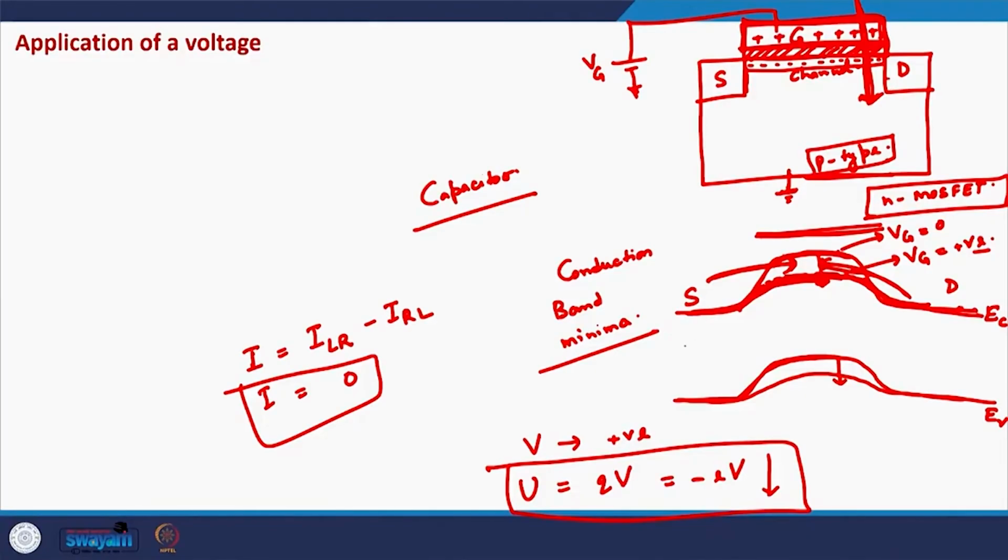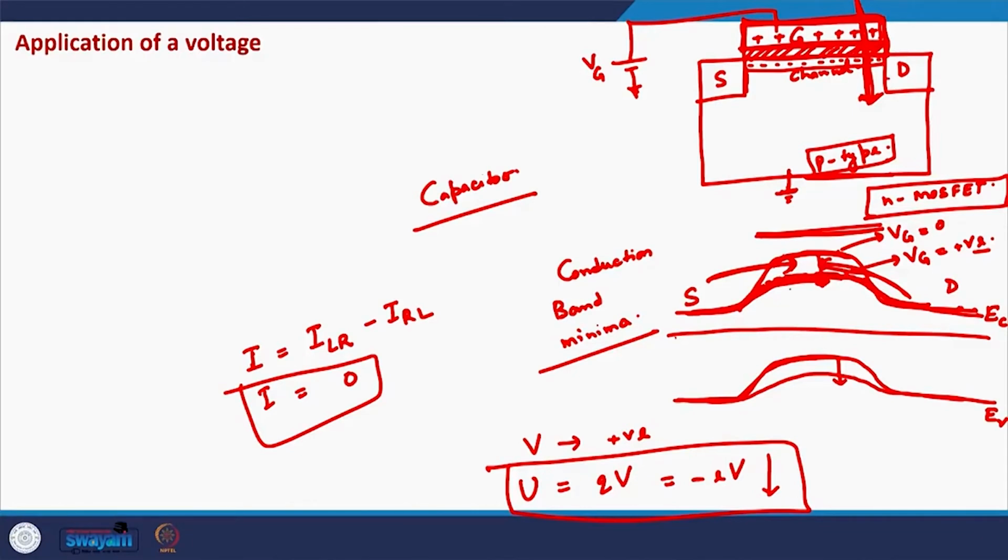So, it means that the Fermi level in the device will not change actually. It will be a single, uniform Fermi level across the entire device from source to the drain side. So, that is essentially the effect of applying a gate voltage in the MOSFET.